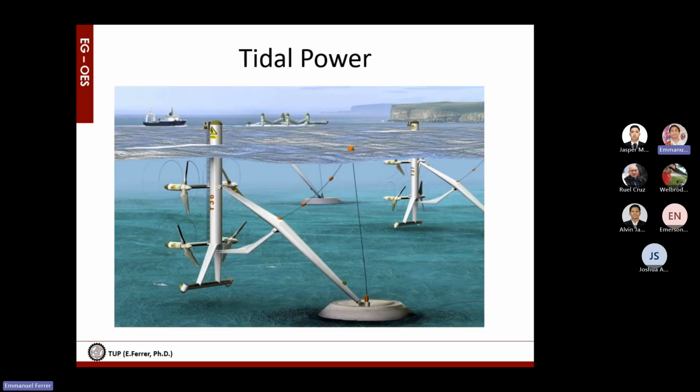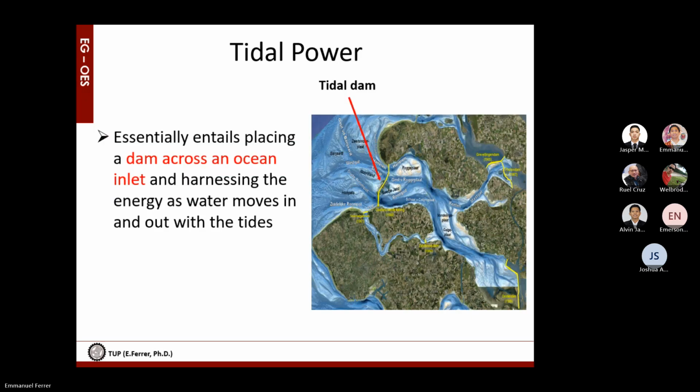Okay, let's proceed to tidal power. It's just an illustration. I think this is not an actual picture. So tidal power, medyo similar sa water as a hydroelectric.